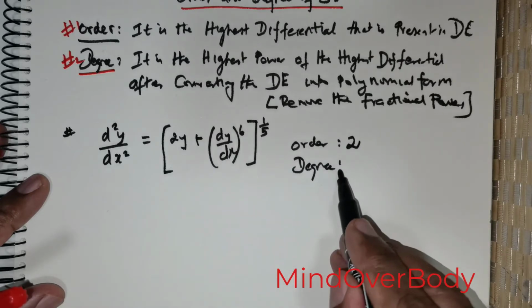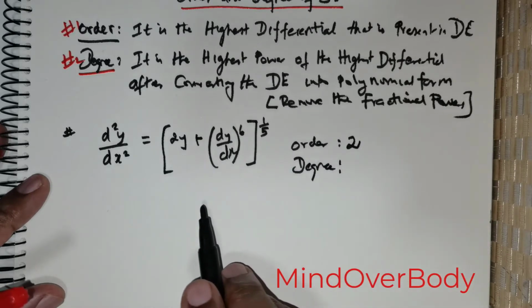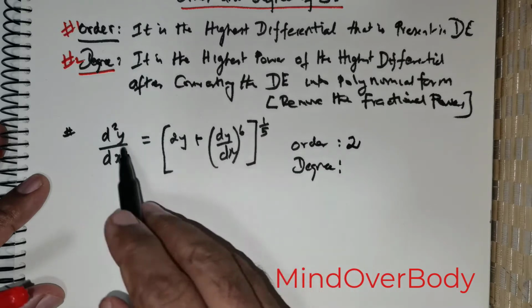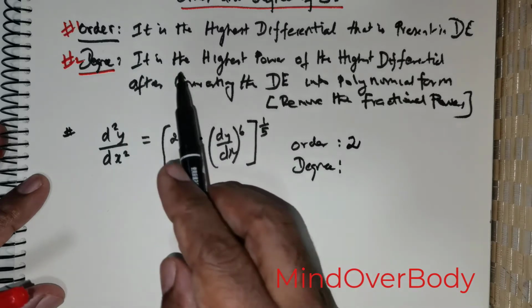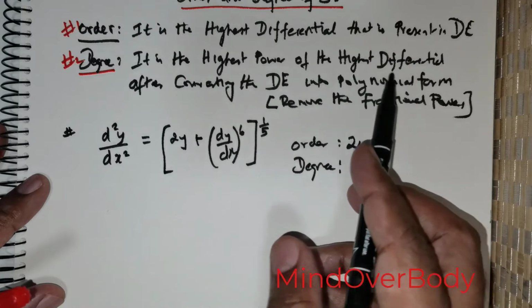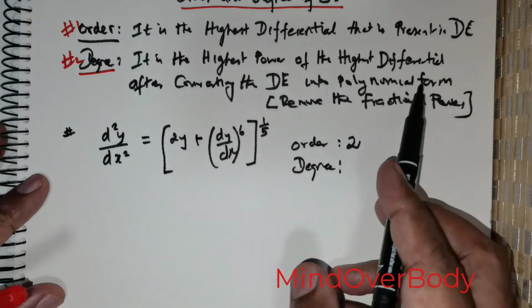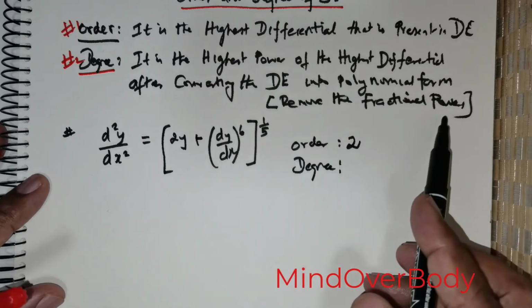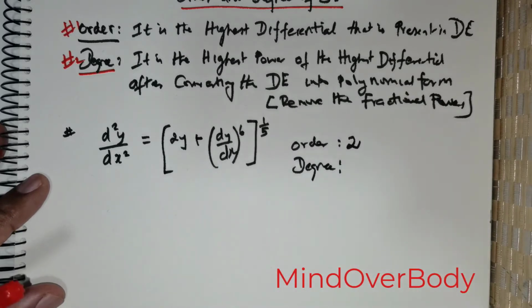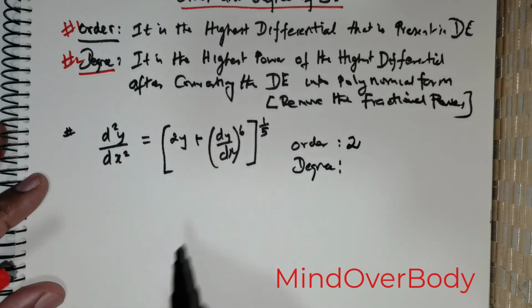But when it comes to degree, you will have to be a little bit cautious, because according to the definition, it is the highest power of the highest differential after converting the differential equation into polynomial form. So that means we will have to get rid of these fractional powers. How are we going to do that? This has got a fractional power of 1 over 5.